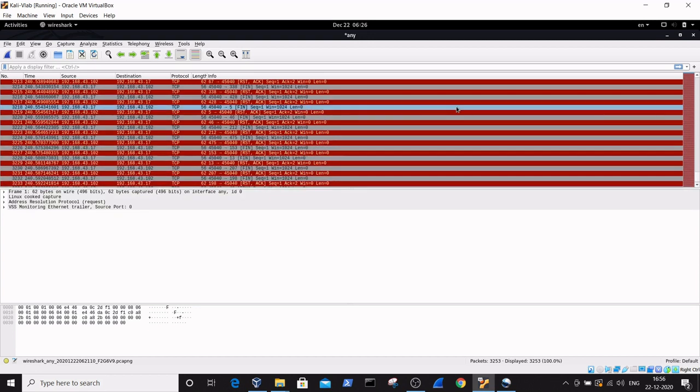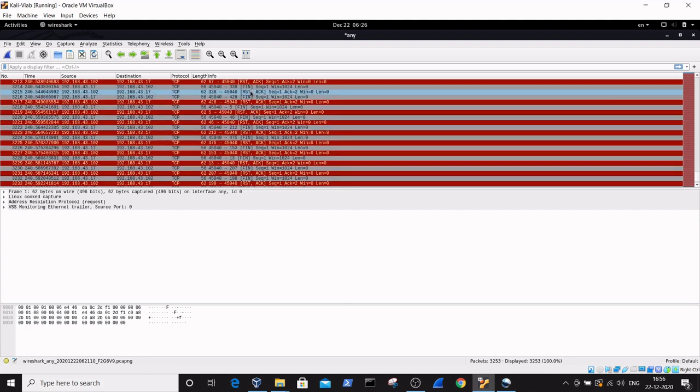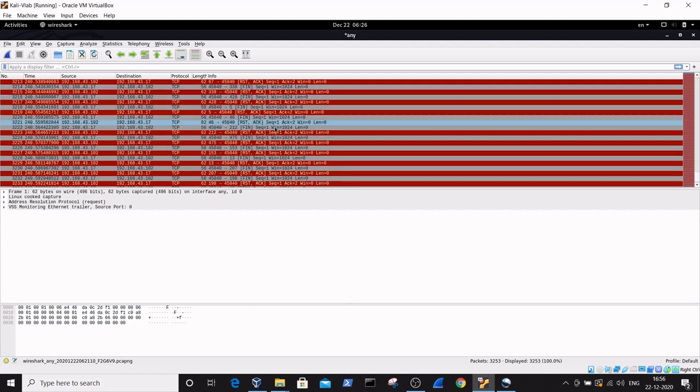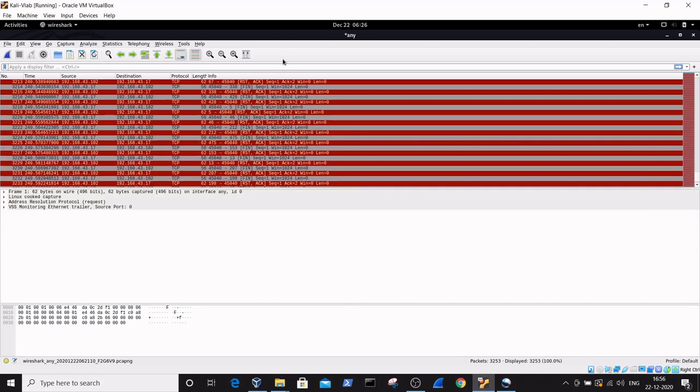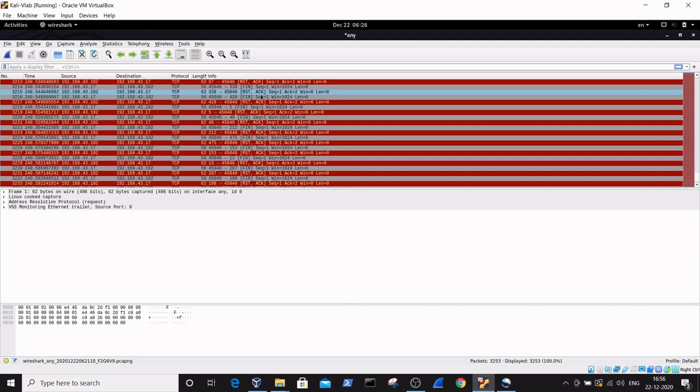As I am clearly mentioning, the FIN packets are sent to the particular port numbers, from 1 to 500, and the reply from the port numbers that I got is RST ACK packets.